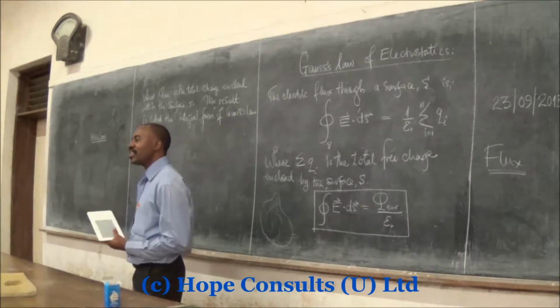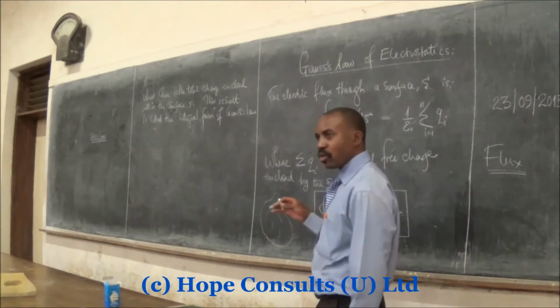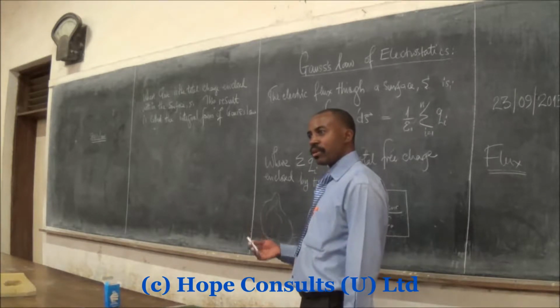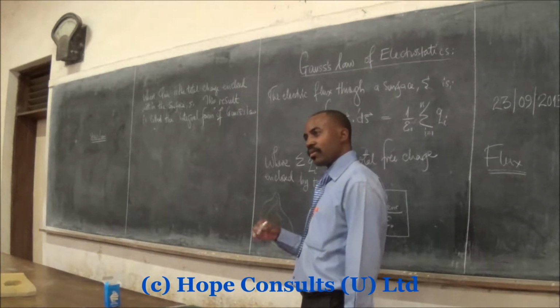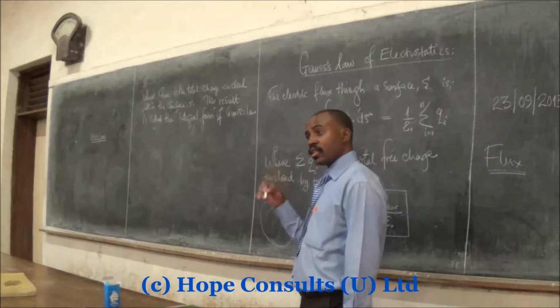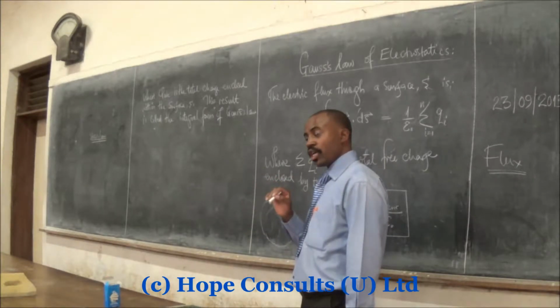What do you mean? I have talked of a charge, and I've showed you how this charge, if it is a positive, you have the field lines coming out of the charge. And if it is a negative one, the field lines will be going into the charge.